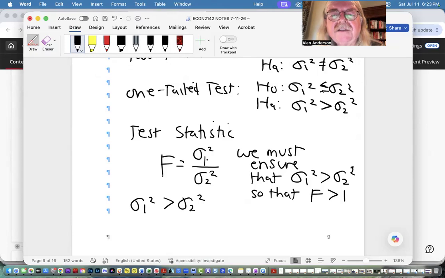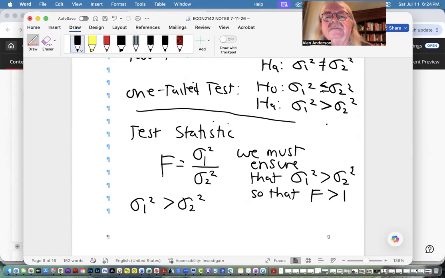And so that means that we don't need a left-tailed test. We can't have a left-tailed test by setting it up this way. Sigma 1 squared is, by definition, always greater than sigma 2 squared. So this is what we mean by a one-tailed test.